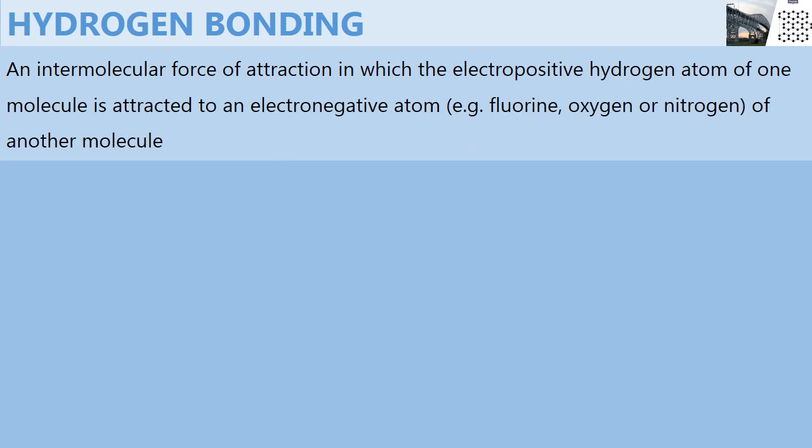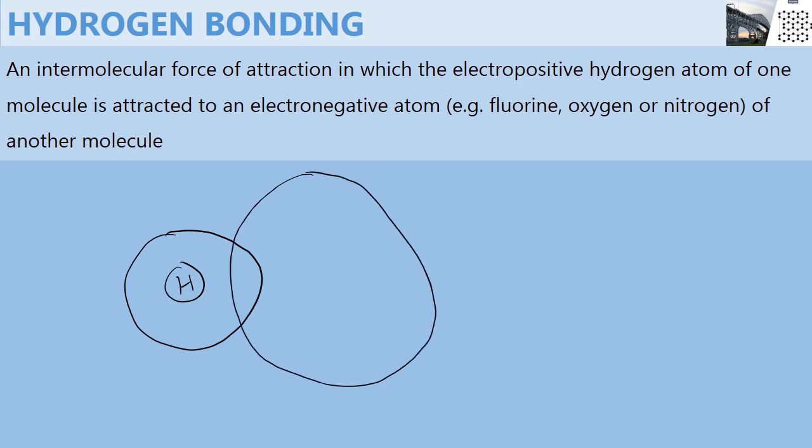Now let us go to the dot and cross structure. We have a hydrogen atom that is covalently bonded to a fluorine atom.